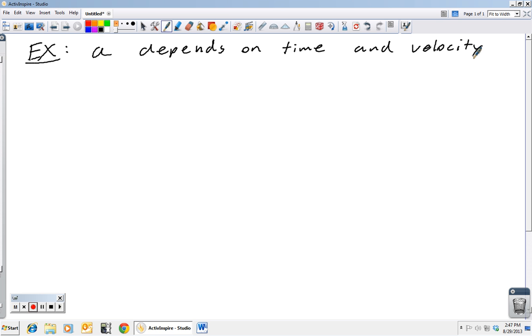It's slightly more complicated when we have the dependence on velocity and time. Before, we've only solved differential equations where the acceleration depended on time alone, but the process is extremely similar.